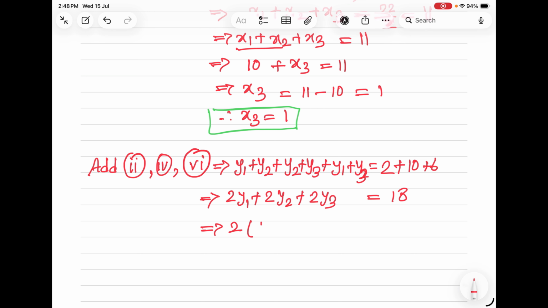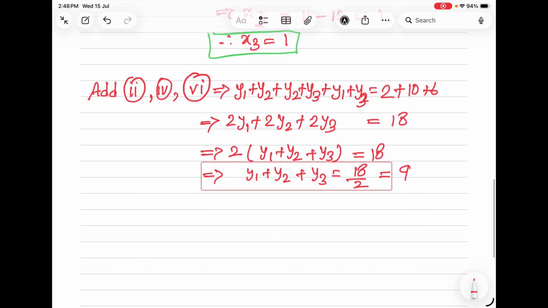Therefore, taking 2 common, y1 plus y2 plus y3 equals 18. That implies y1 plus y2 plus y3 equals 18 by 2, which is 9. Therefore, y1 plus y2 plus y3 equals 9.